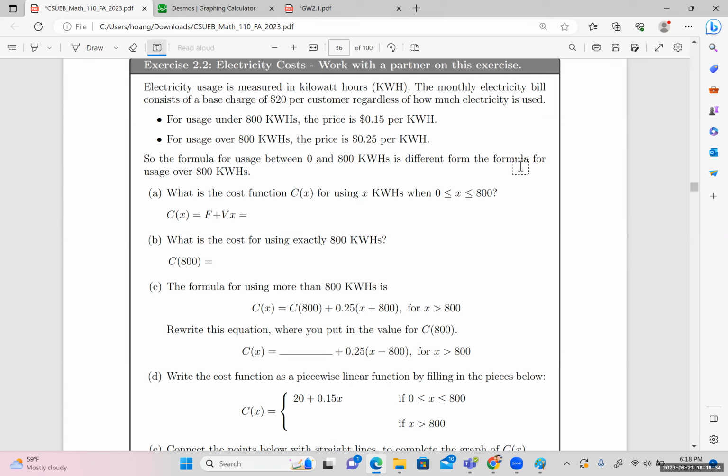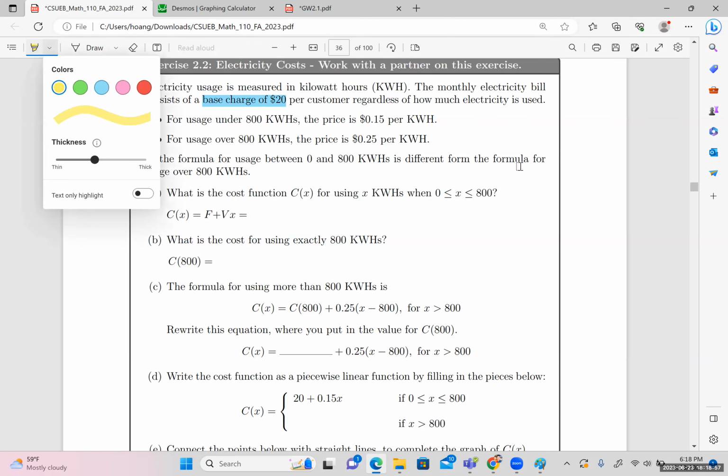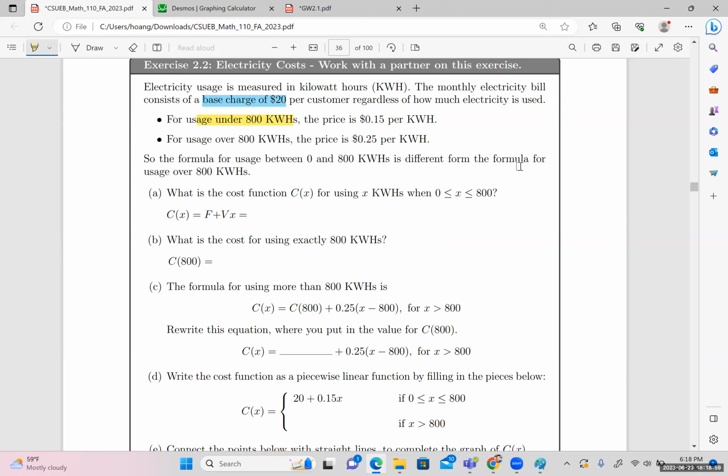We are trying to have electricity cost with the base charge of $20 per customer, and we will have two requirements in here, which is for under 800 kilowatt hours, you will pay the rate at $0.15 per kilowatt.